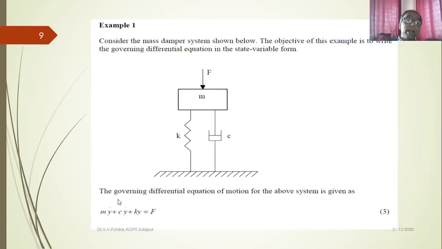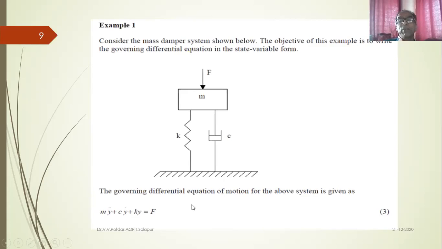So it is nothing but m d2y plus c dy plus k y is equal to f, or in Laplace transform terms, m s square plus c s plus k is equal to F.